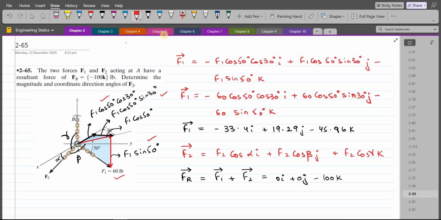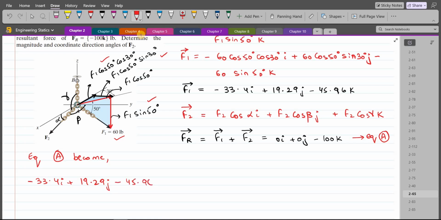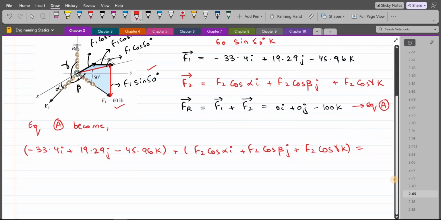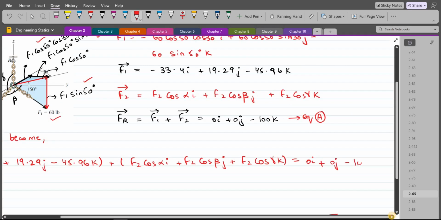Let's call this equation A. If I substitute the values of F1 and F2 into equation A, it would become negative 33.4 i plus 19.29 j minus 45.96 k, plus F2 cos alpha i plus F2 cos beta j plus F2 cos gamma k, equals 0i plus 0j minus 100k.